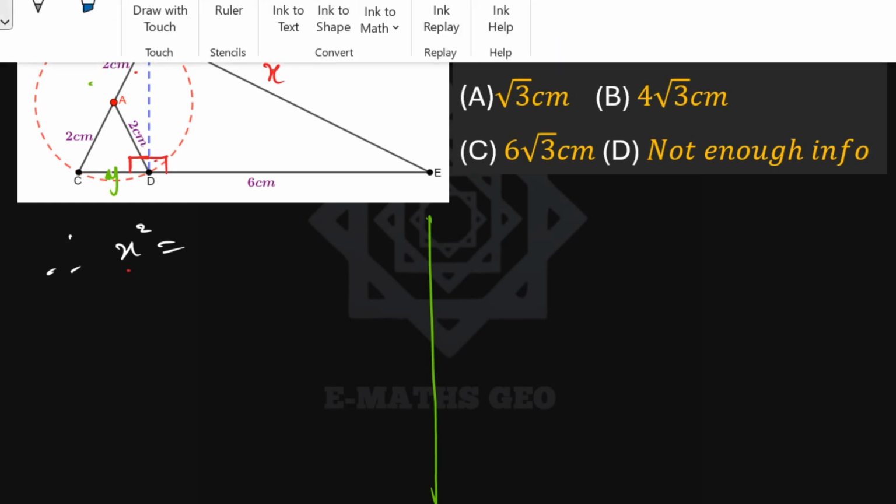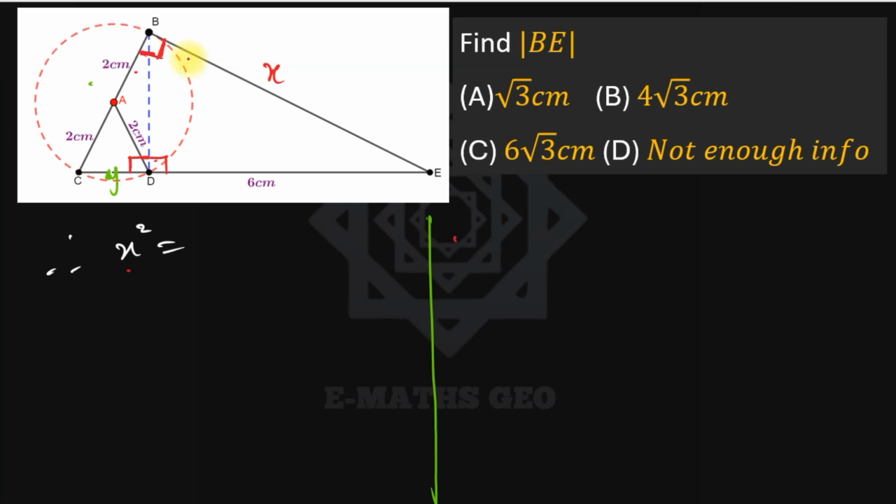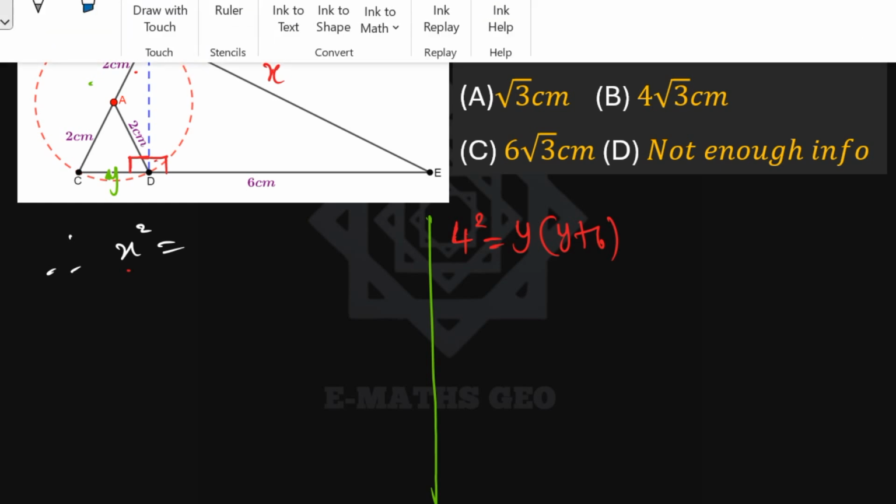That's the only way we can get Y. From the geometric mean of triangle, 4 squared is equal to Y times Y plus 6.